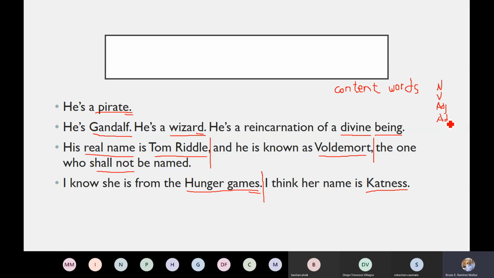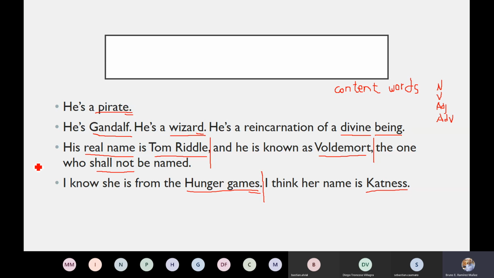Adverbs are also content words. Content words are an open class of words, because many words can be created and invented, and new words are coming into the English language, so they're an open category.